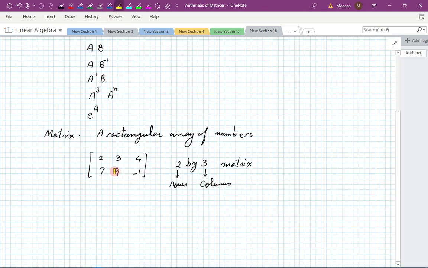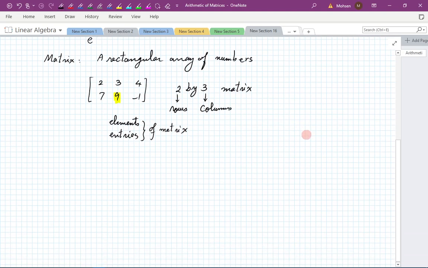And these are going to be referred to as the elements or entries of the matrix, each of them. Matrices come in a variety of sizes, and so that is something we want to get used to. We never had that in calculus and such. Everything was just a single number, and now all of a sudden we have to deal with the issue of the size of a matrix.